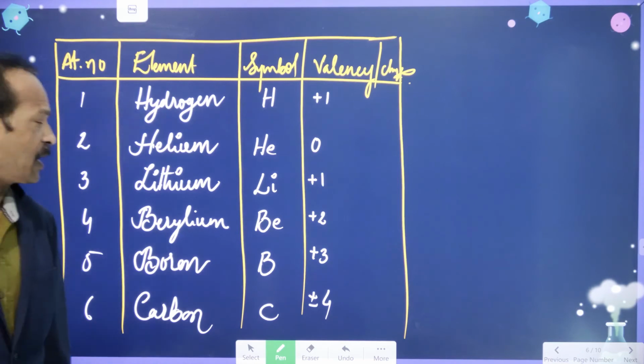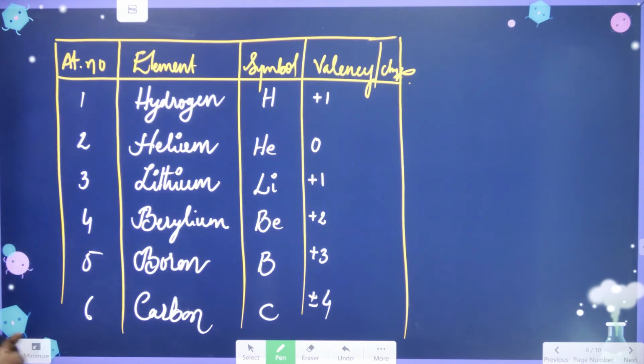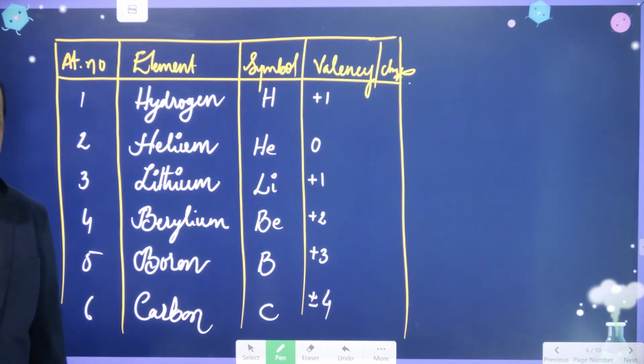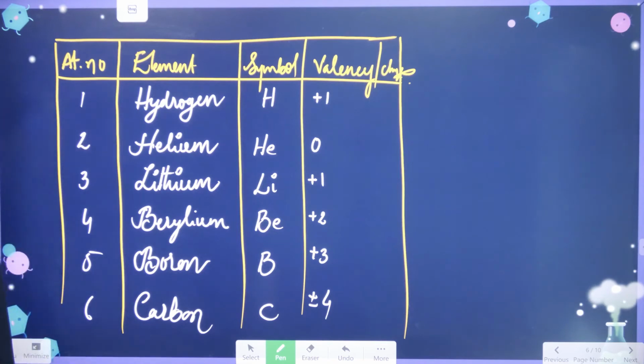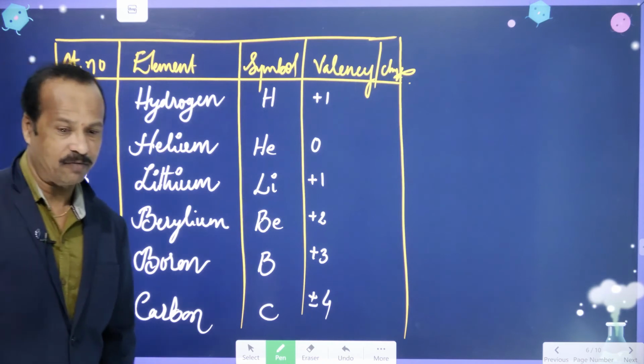Whenever you have time, read continuously, so that it will be learnt by heart, because these are like the alphabets of chemistry. If you don't know the alphabets of any language, then you can't read or write that language, right?